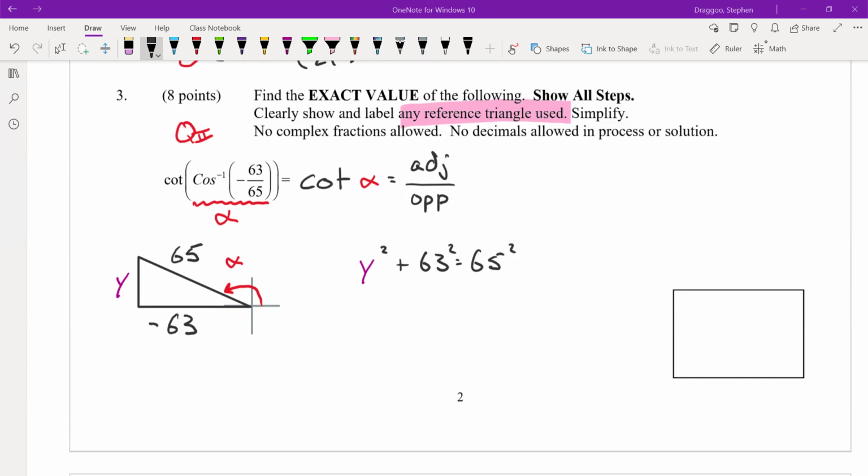So even though cosine itself can be negative in quadrant 3, cosine inverse will never be in quadrant 3. So because we had cosine inverse defined within the text of the problem, we are stuck in quadrant 2. Can't go anywhere else.